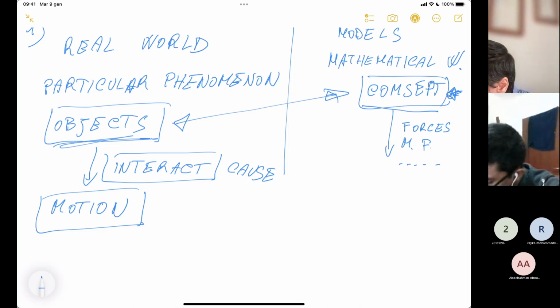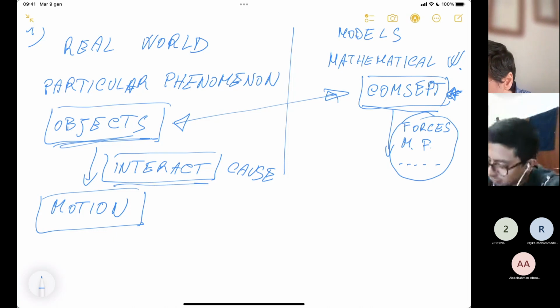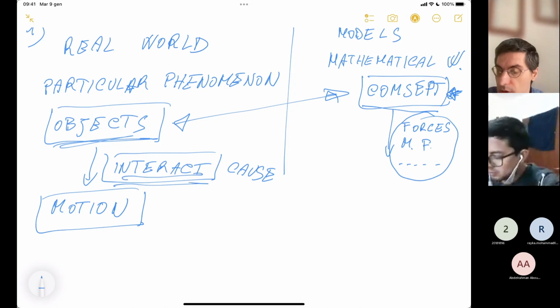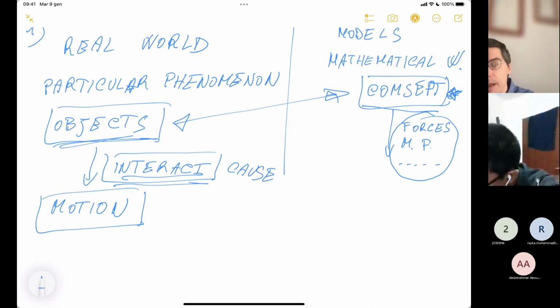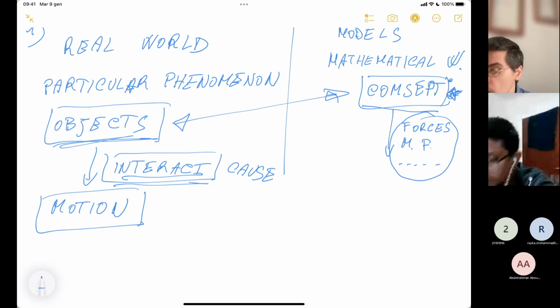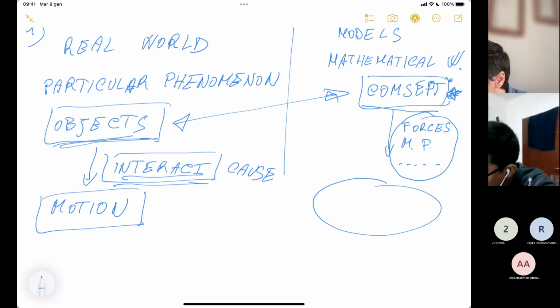Of course, these objects are not the interaction in the real world, but are some mathematical concepts that we introduce in the set of mathematical abstraction in order to reproduce the interaction in the real world. Introducing this concept, we are able to obtain also in this case some result.